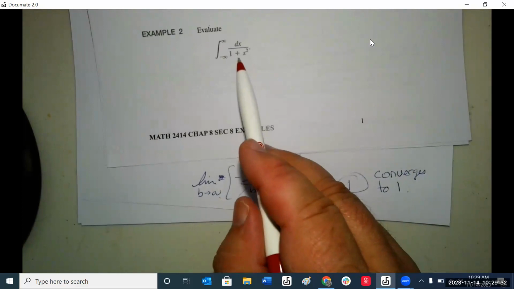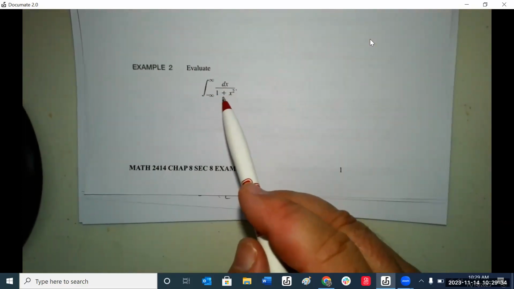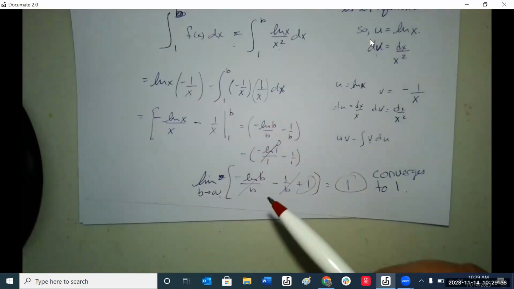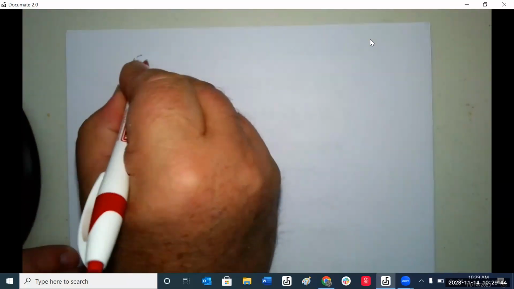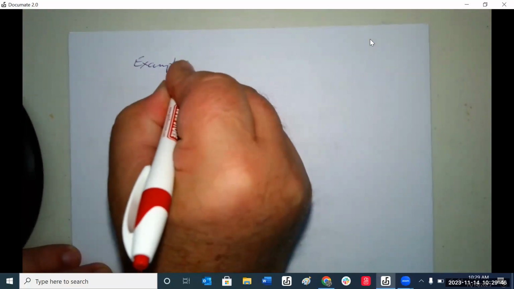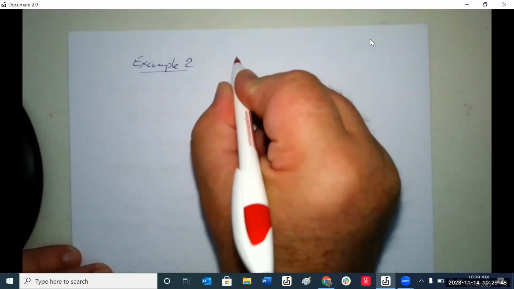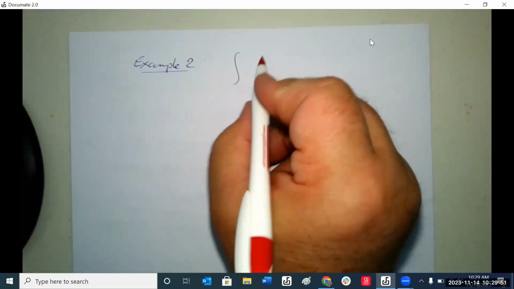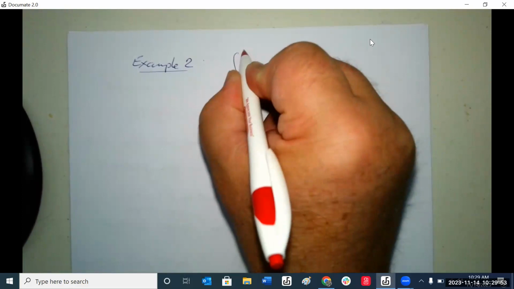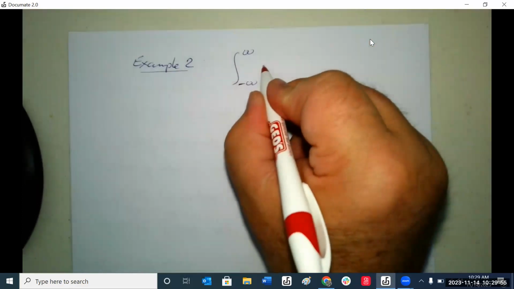Okay, do the same thing for the next one. dx over 1 plus x squared, the integral from negative infinity to infinity.